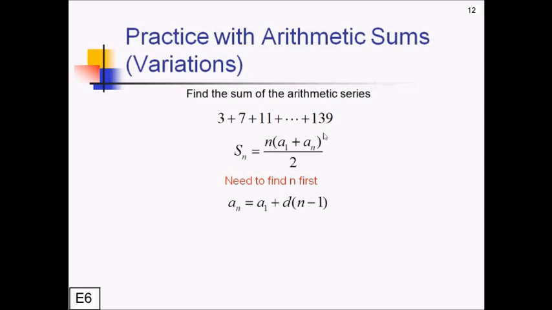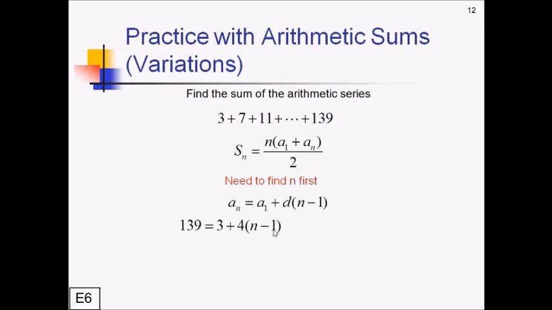What's a sub n? It's 139. They gave that to us. First term, a1, that was 3. And what's our common difference? Well, 7 minus 3 is 4. So we can write 139 equals 3 plus 4 times (n minus 1). And now since n's the only variable, we can actually work backwards and figure out how many terms have to be in this sequence.